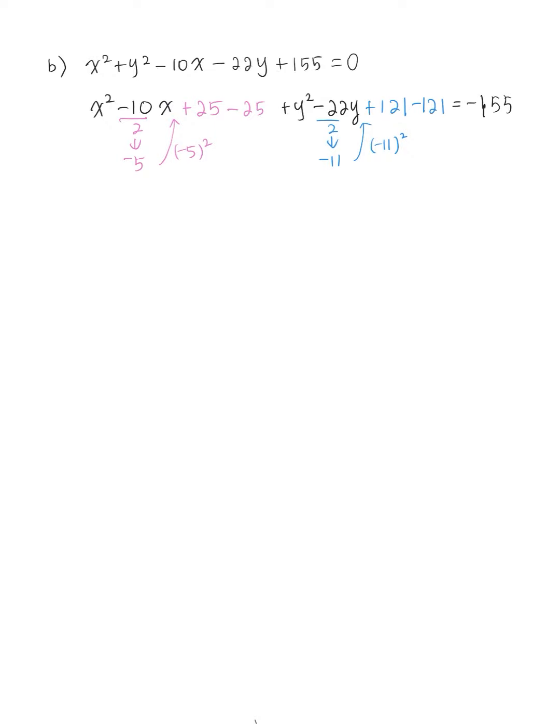Okay, so then what's going to happen? The first 3 terms right here are going to become a perfect square. So here, you're going to have (x something) squared. What goes in? Do you remember? This number right here. Negative 5 goes in right after x. So you're going to have a negative 5. And then you're still going to have to drop down the negative 25. And then we're going to do the same thing for the y.